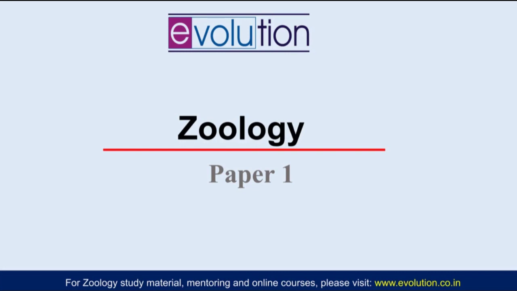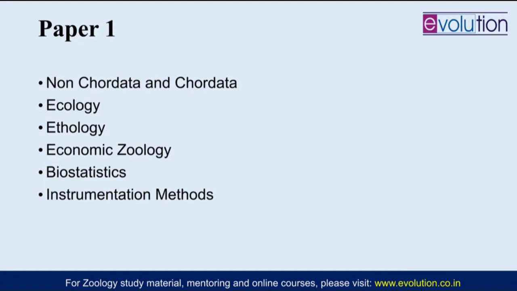But the key here is that the questions are quite predictable and there are hardly any surprises from this part. So with this in-depth syllabus analysis, you will get an idea how to go about your preparation for paper 1 zoology. So these are the major topics under paper 1.